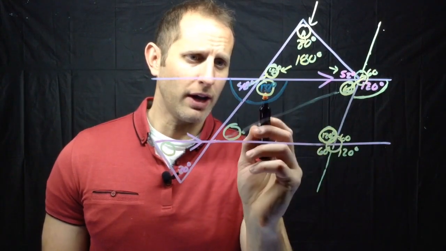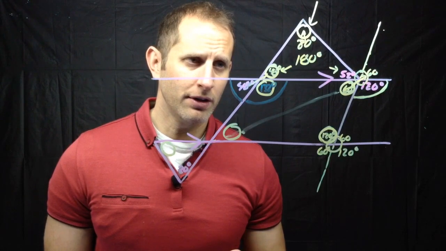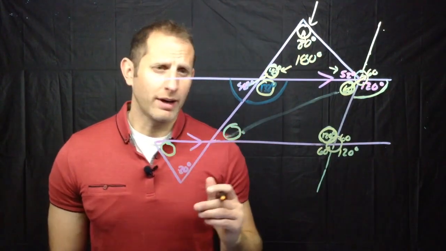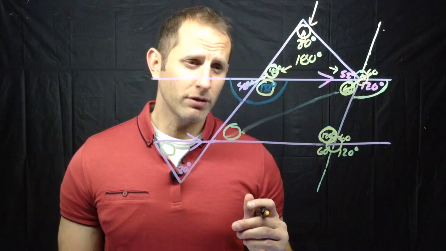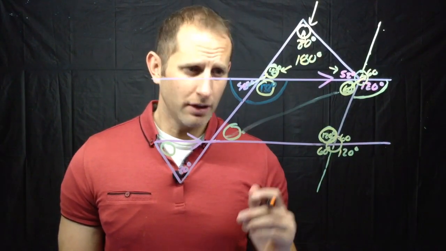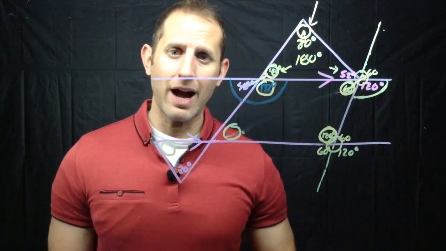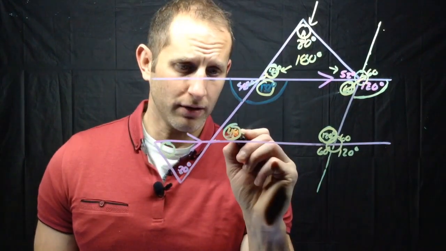If I take 120 and 132 and 60 and I add them all together, what do I get? I get about 312. And if I take 312 and subtract it from 360, I get a missing angle. I get 48.